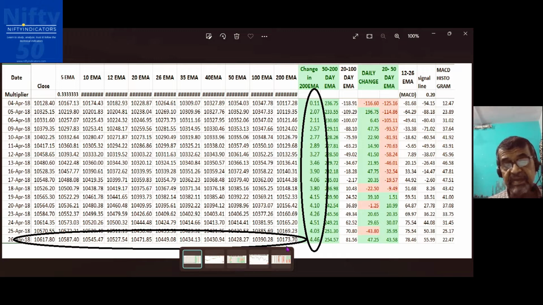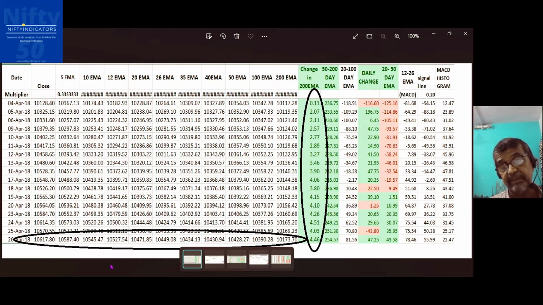You see 200 EMA is 10,173, 100-day EMA is a little higher than that, 10,390, 50-day EMA is a little higher than that, 10,428, 40-day EMA is a little higher than that, 10,430, 35-day EMA is a little higher, 10,434, 26-day EMA is 10,449, 20-day EMA is higher, till the close is 10,617.